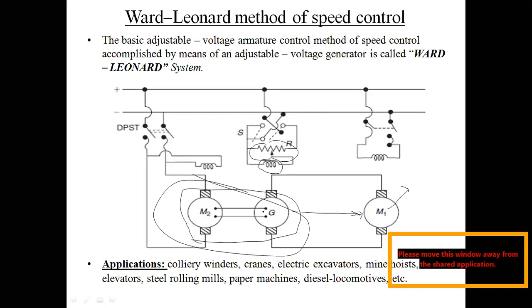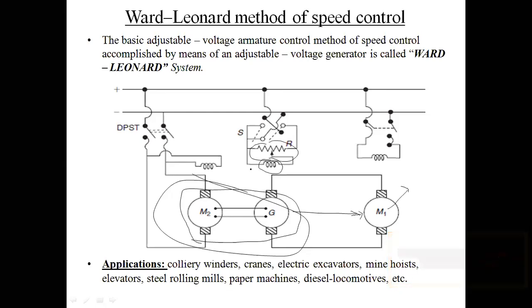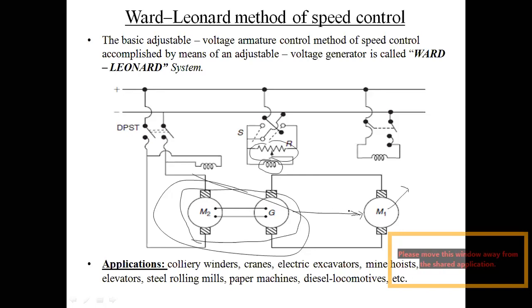It feeds the armature of the motor. The generator is driven by a constant speed motor. So to provide the variable voltage, the motor generator set is used to supply the variable voltage to the motor.